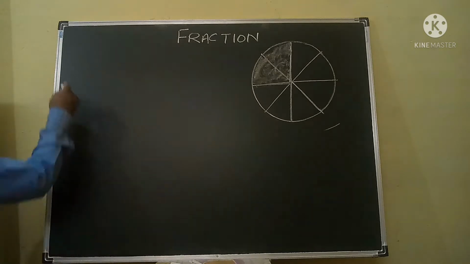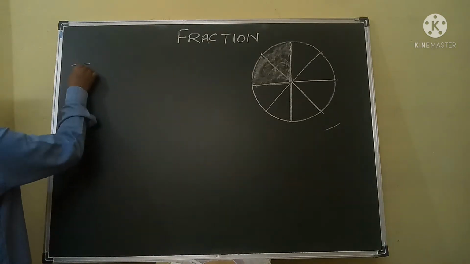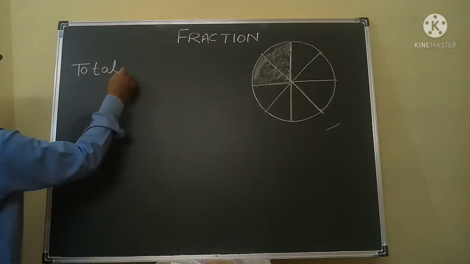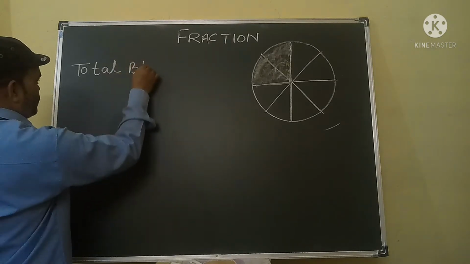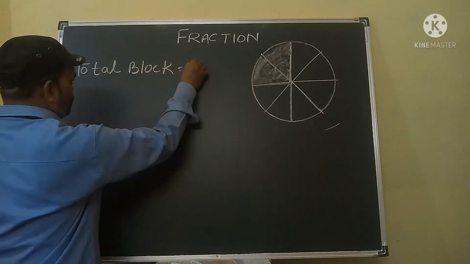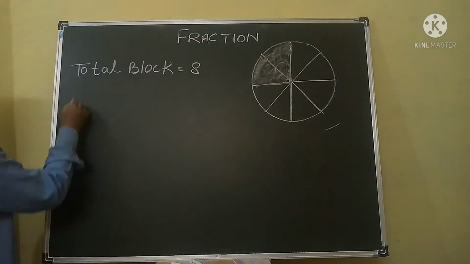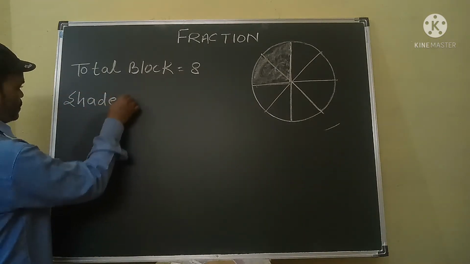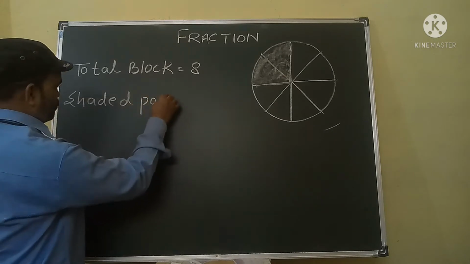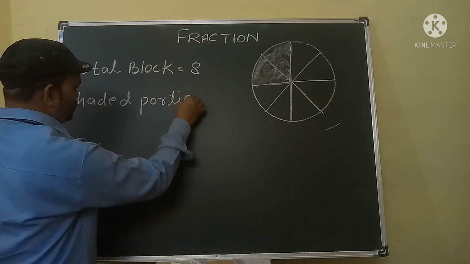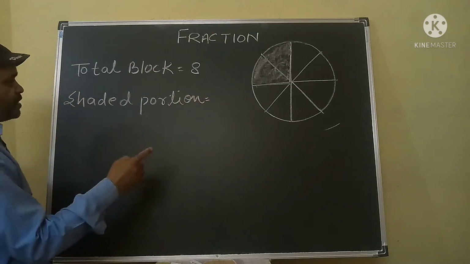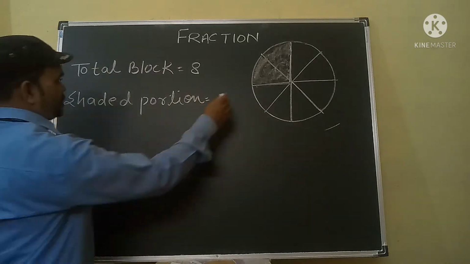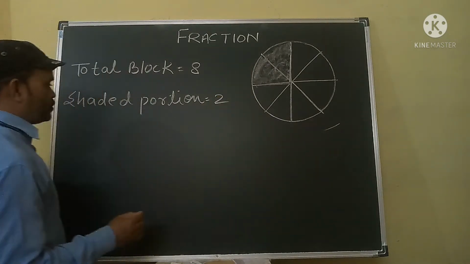That means in this circle the total number of blocks is 8, and the shaded portion is 2.